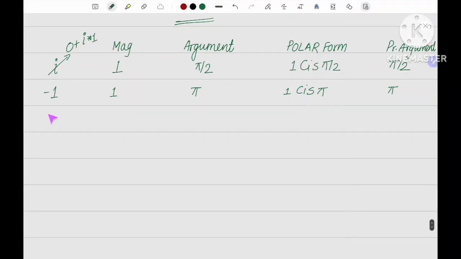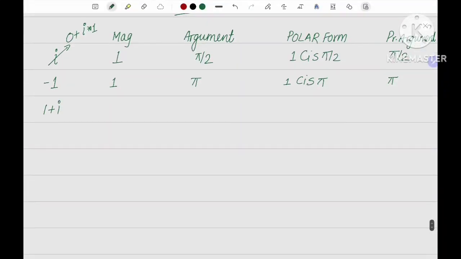Let me take this complex number 1 plus i. What is the magnitude of 1 plus i? 1 plus i means 1 unit in the real axis, 1 unit in the imaginary axis. Whatever vector I make, the length of that vector, or the distance of that point from the origin, will be the magnitude.